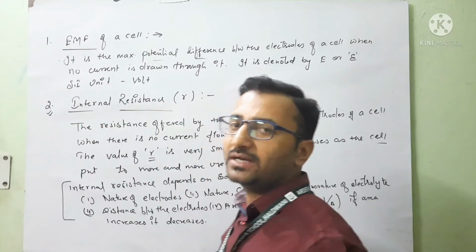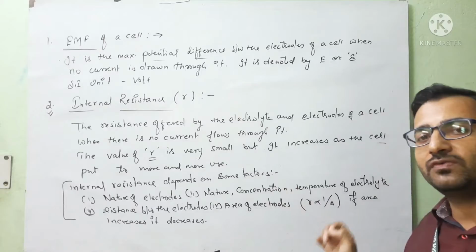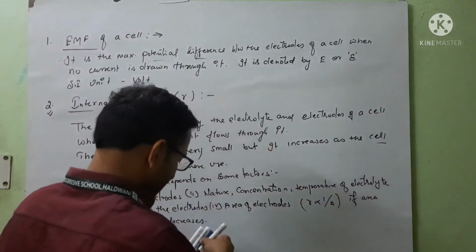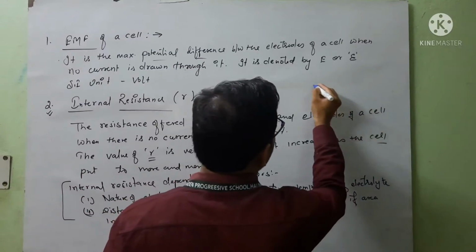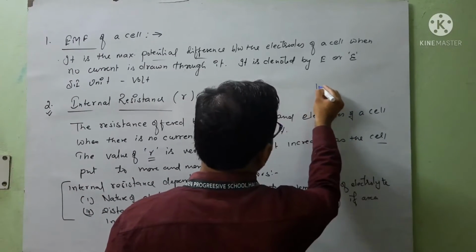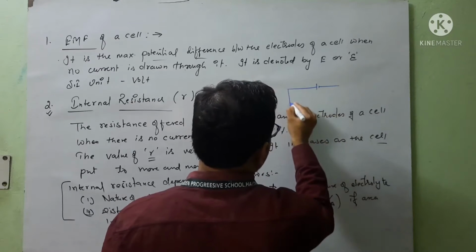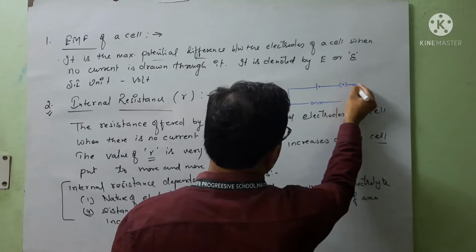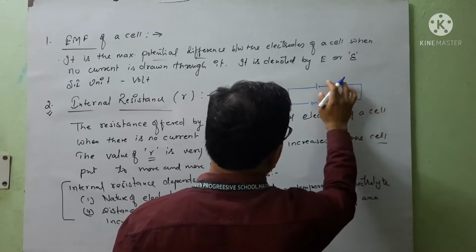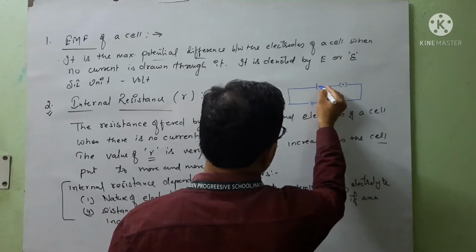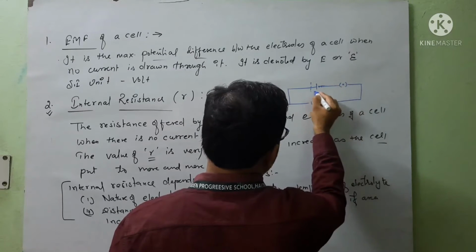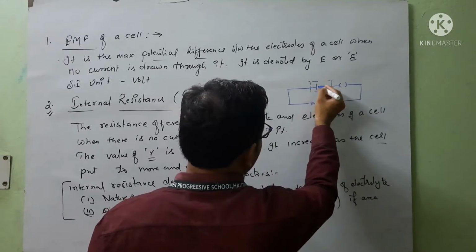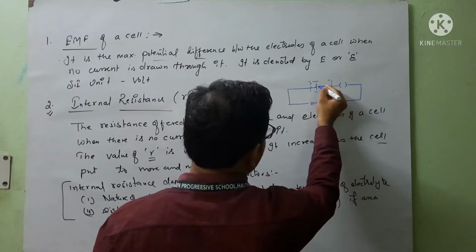Initially, when no current is drawn through the cell, suppose I draw a random diagram like this. Suppose this is our external circuit and this one is the key. Initially I open the key, and this is the internal resistance.